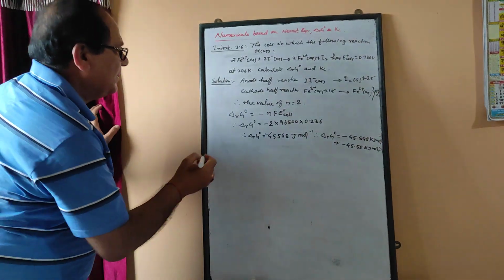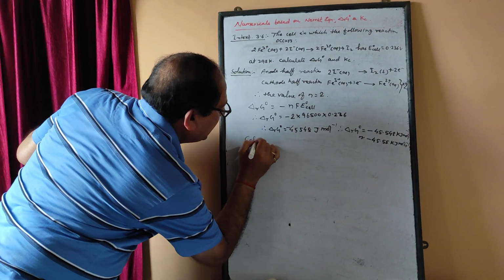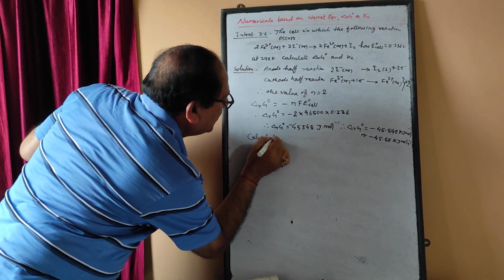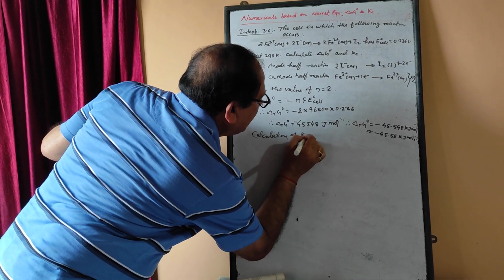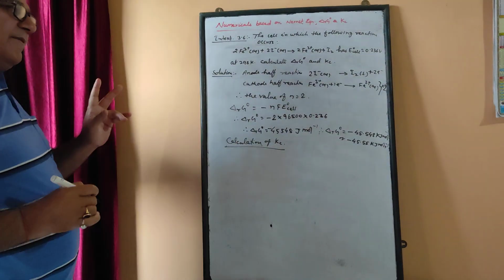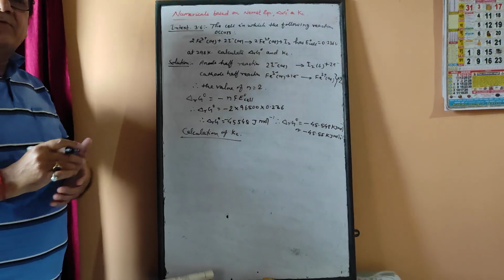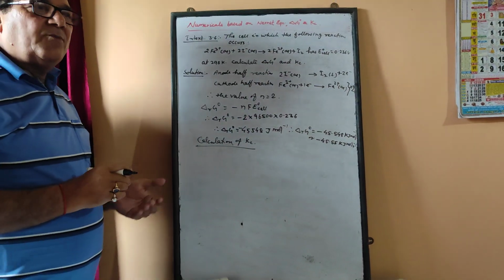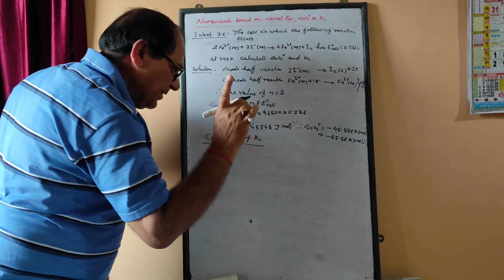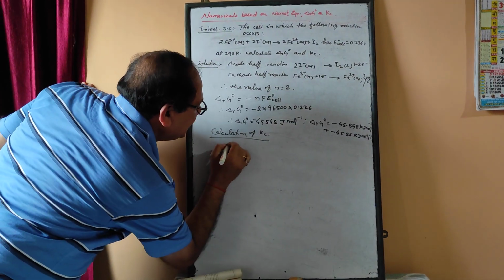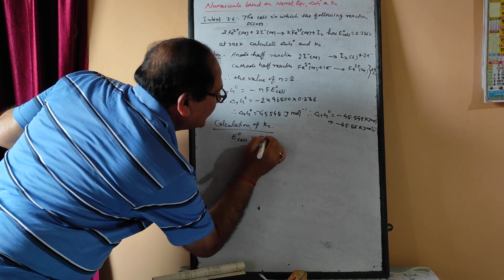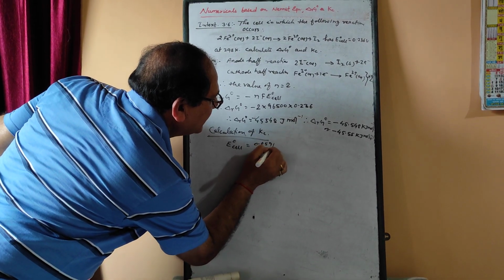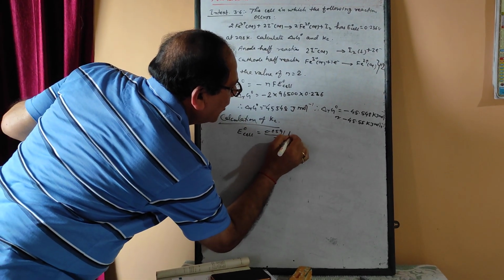Now, calculation of Kc. Here we have two formulas for the calculation of Kc. The first method is, you see, E0 cell is equal to 0.0591 by n log Kc.